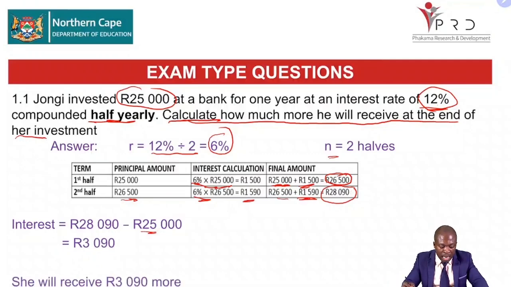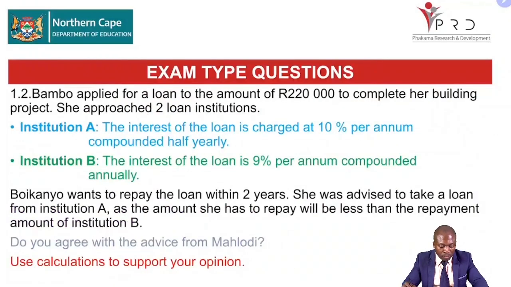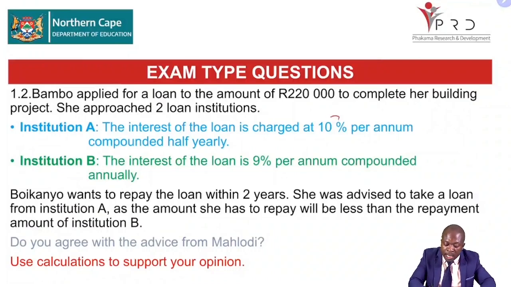Now, let's look at the next point. Question 1.2. Bambo applied for a loan to the amount of 220,000 to complete a building project. She approached 2 loan institutions. Institution A said, we are going to give you interest rate of the loan at 10% per annum, compounded half yearly.